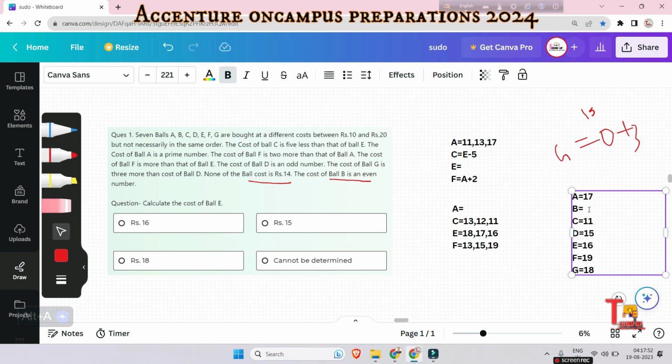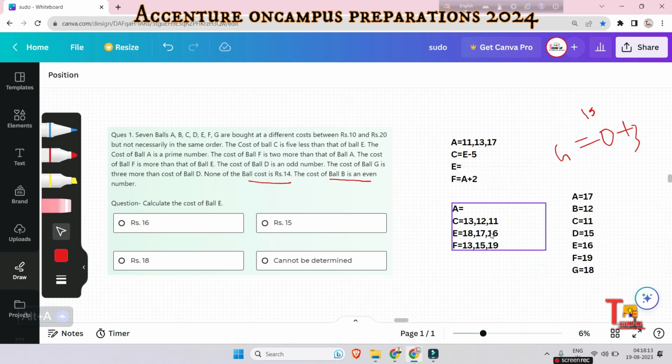So if we give the value 16 to B, the value of C cannot be determined. So that's why we have to give the value of E as 16 so that the value of C can be subtracted from E, right? So the value of B will be 12, the rest. So this way we can determine the values of all these.